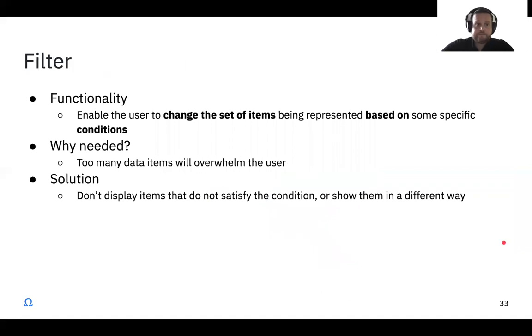Further, we have filter. The functionality here is that we enable the user to change the set of items being represented based on some specific conditions. And again, too many data items will overwhelm the user. That's a principle that we have seen before. The solution is that you just don't display items that do not satisfy the condition, or show them in a different way, maybe faded out towards the edge of the screen.